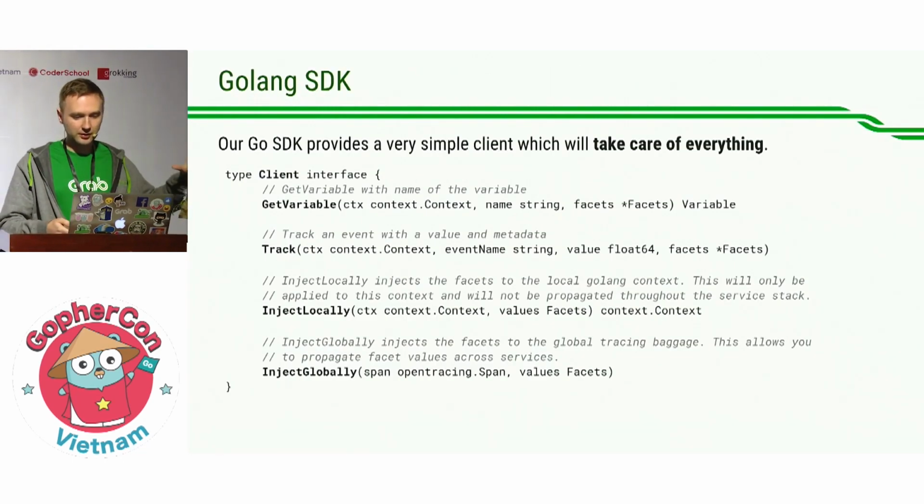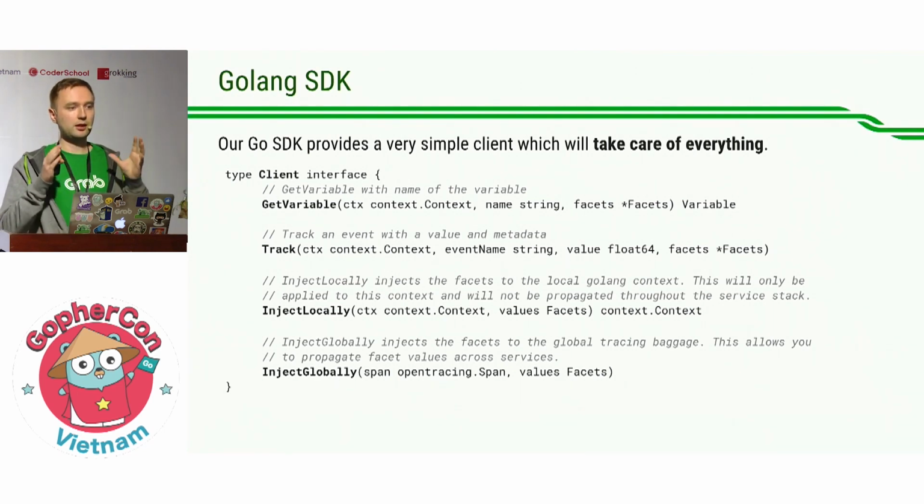So that's why we rebuilt this. And the context, the facets, actually provide a dynamic context. Based on the facets, we can decide what value to retrieve. So if we want to give this particular passenger a specific value of our feature flag, we can do that. Similarly, we have the track function, and some helper functions to pass this context around.